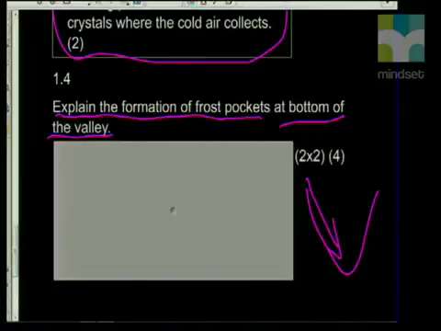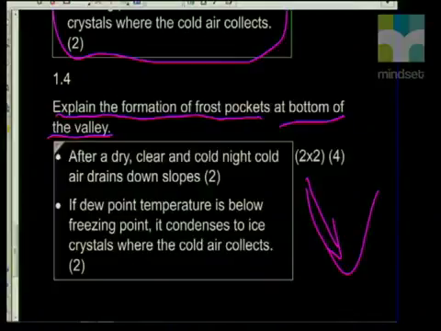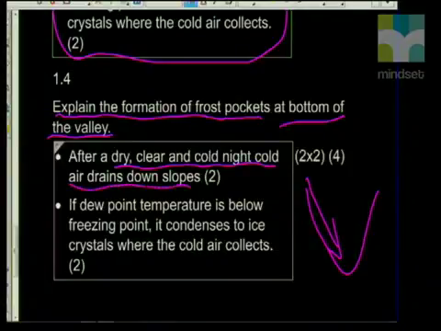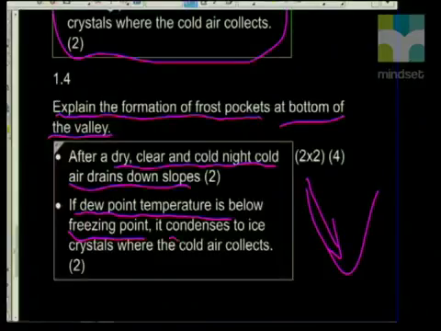After a dry, clear, cold night, the air drains down the slope, katabatic flow. If the dew point temperature is below freezing point, obviously the temperature will have to drop below freezing point, then it's going to condense or sublimate towards forming ice crystals, right?